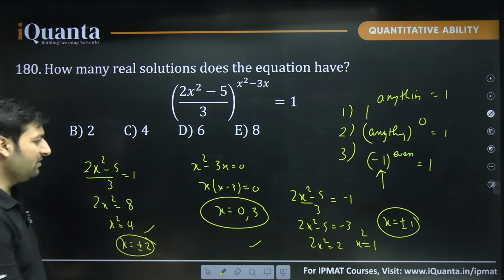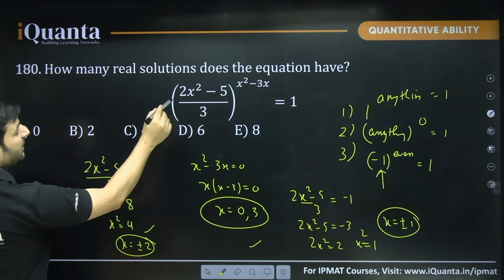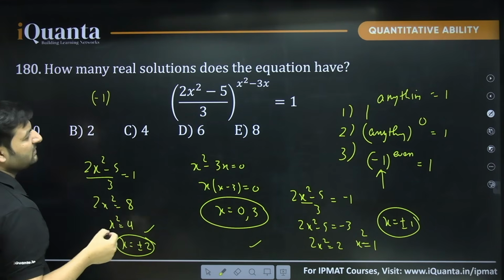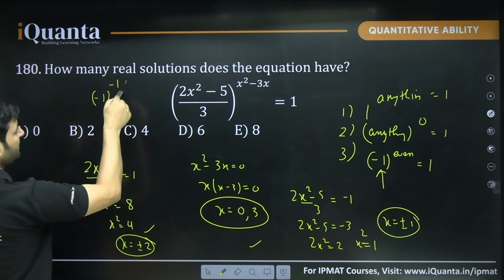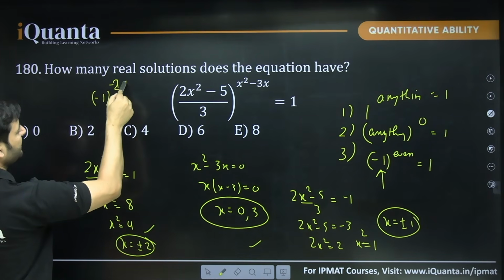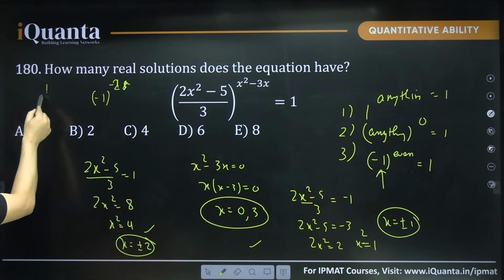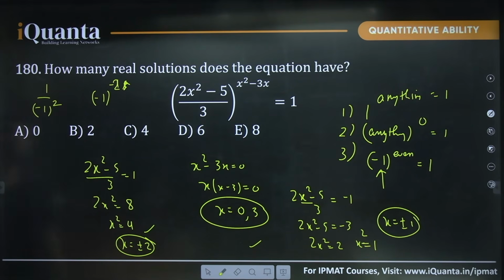So minus 1 to the power minus 2 means 1 upon minus 1 to the power 2, which is 1 only, obviously. So these two values will also be accepted.